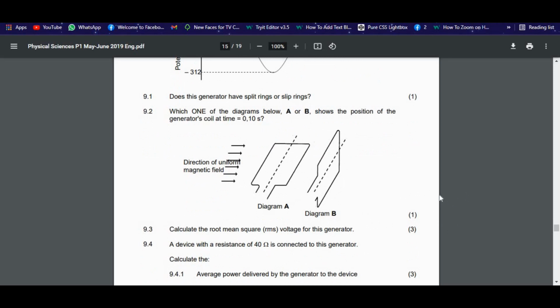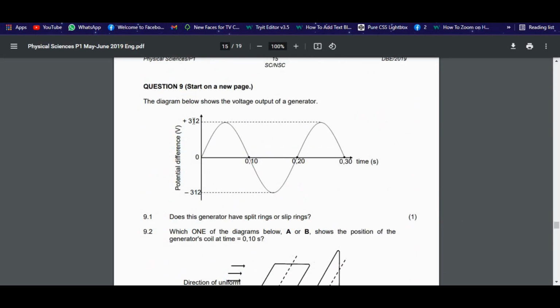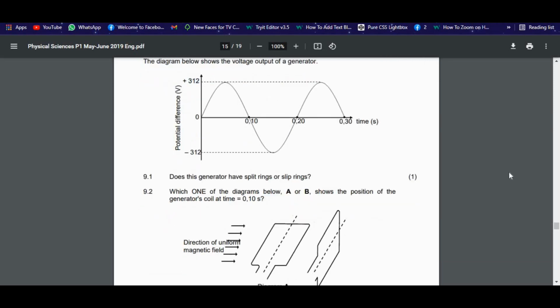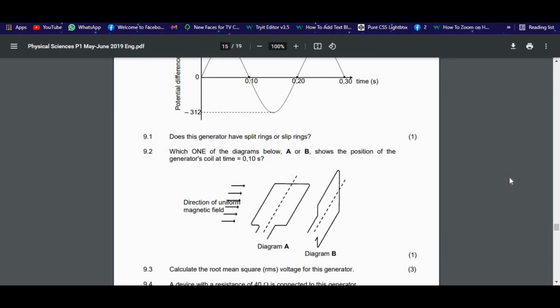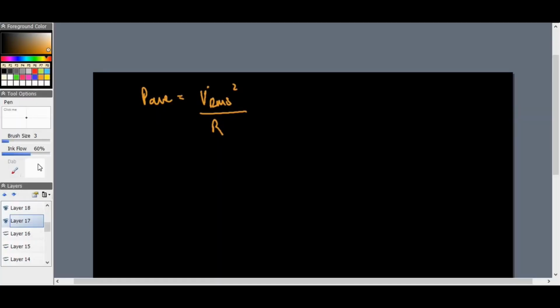Sorry, I was supposed to be on 9.3. 9.3 says calculate the root mean square voltage for this generator. Looking at the potential difference graph, this output number 312, either positive or negative, is the maximum voltage produced in this generator. We want to find the RMS voltage of the AC generator.